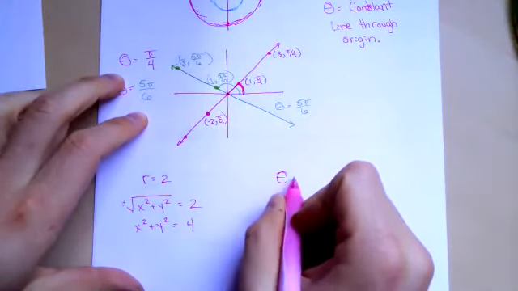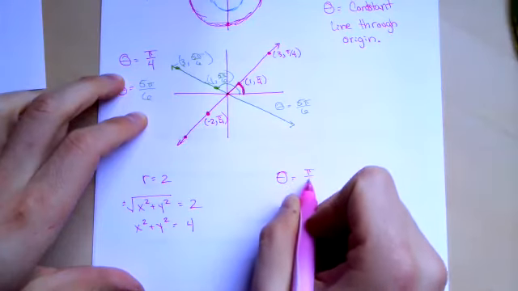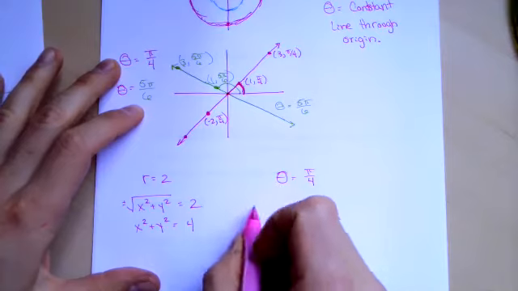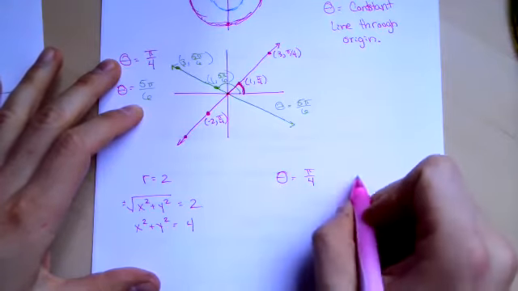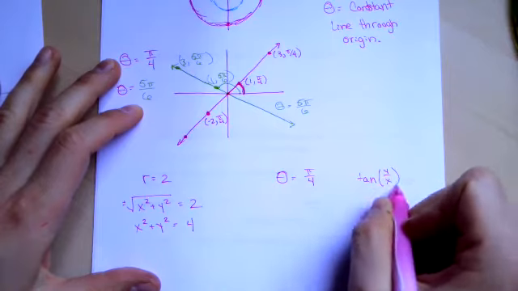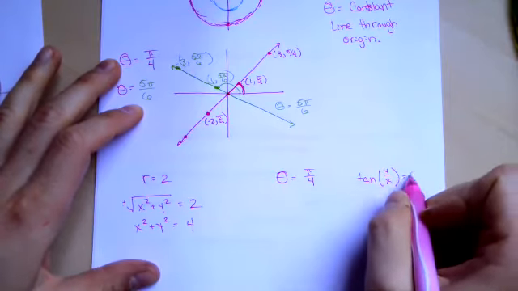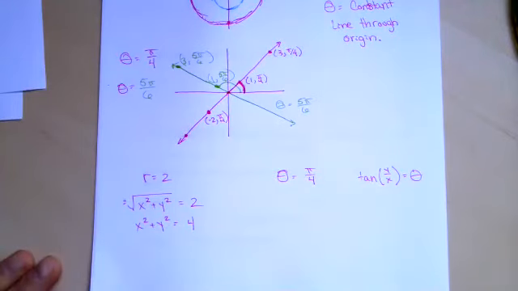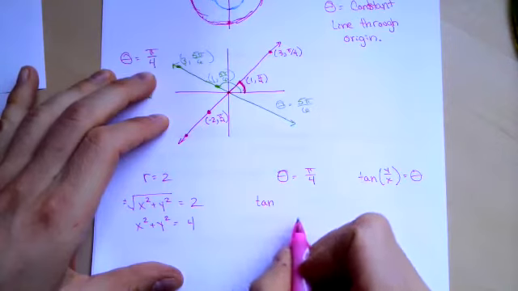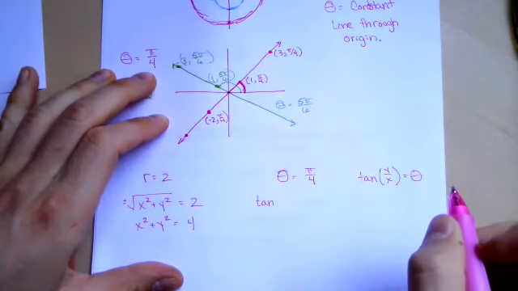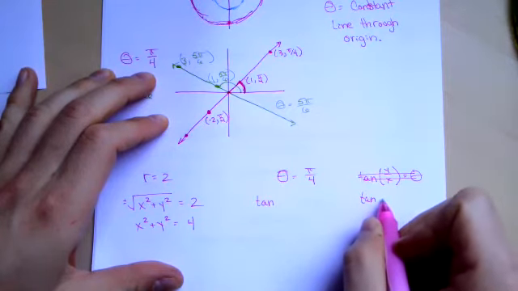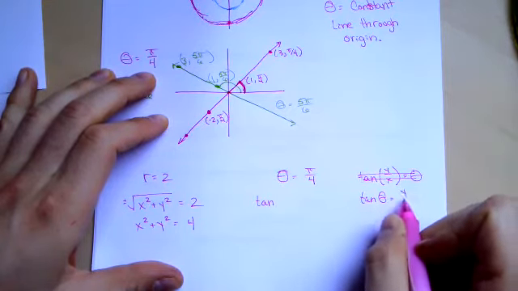The thetas, I don't know if they'll work out quite the same way just because of the arctan restriction we have. If I have theta is equal to pi over 4, well, I know that tangent of theta equals y over x.